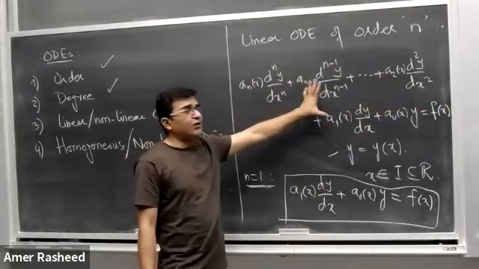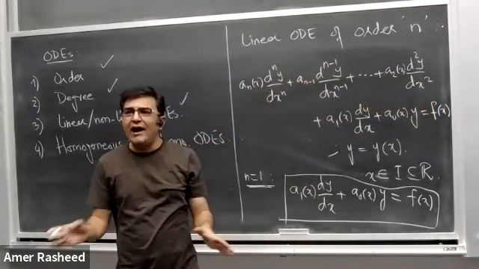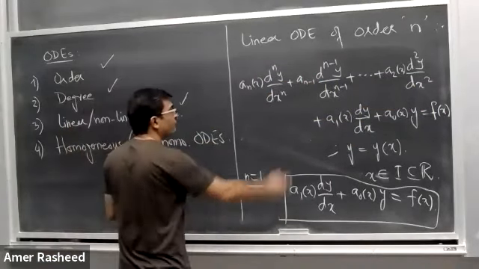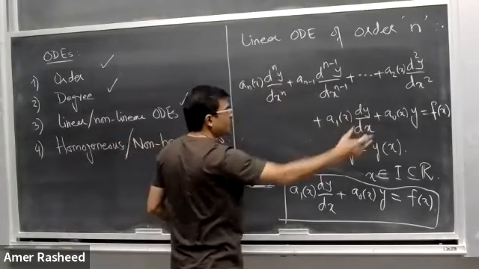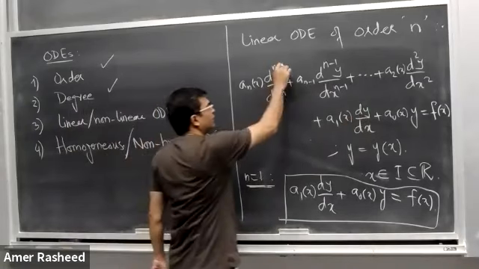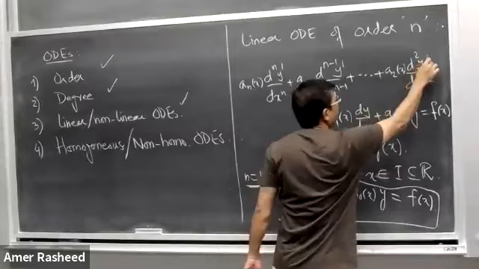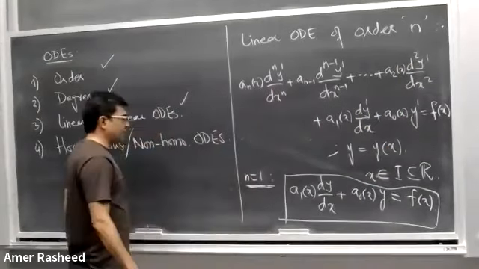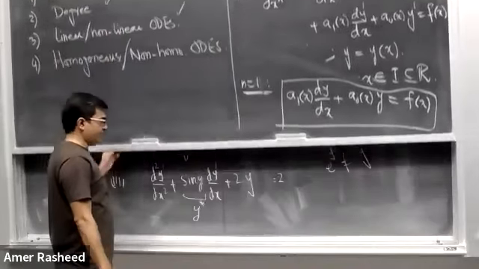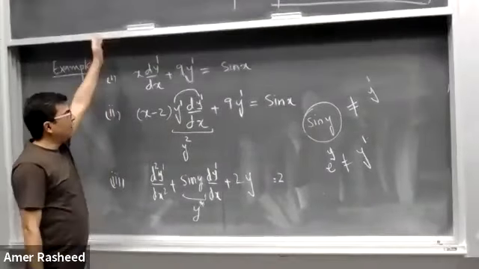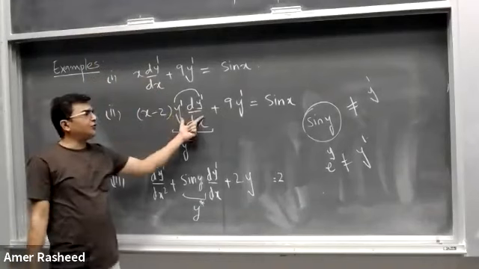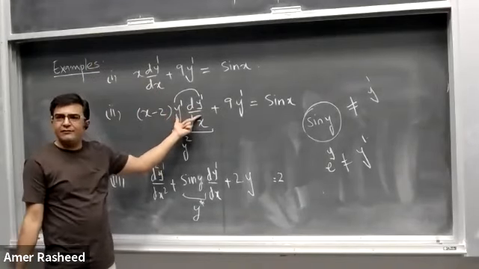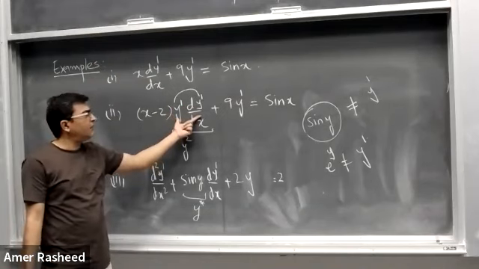Other than this, if you have any product of y in a particular term, or in any term the degree of y is other than 1, that differential equation will no longer be a linear differential equation. So the products of y and its derivative should not be involved in any term.